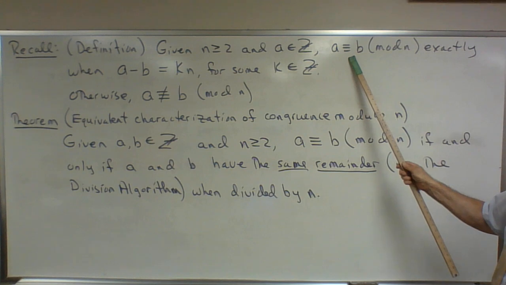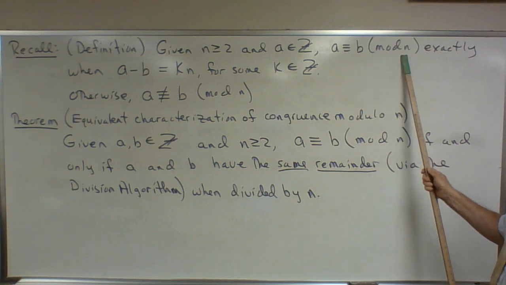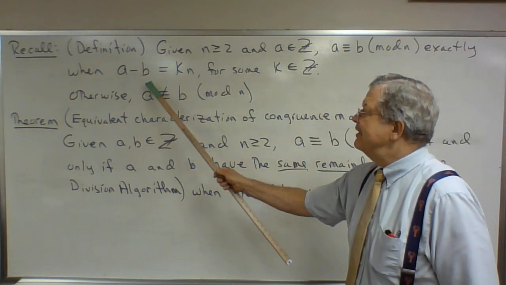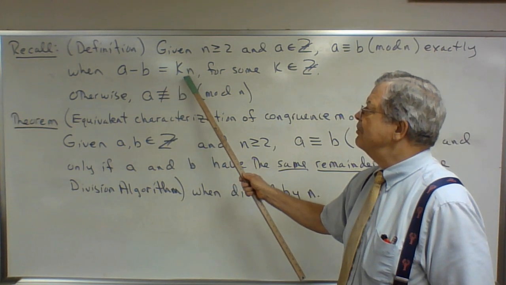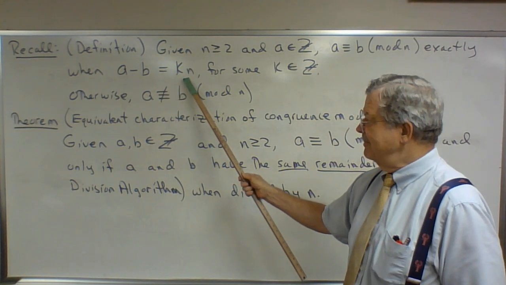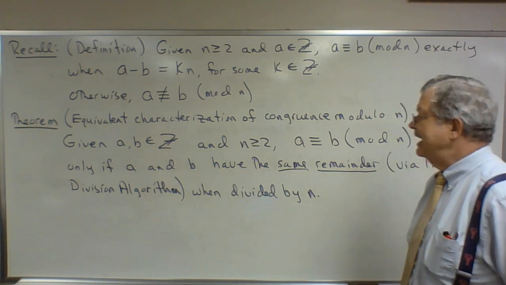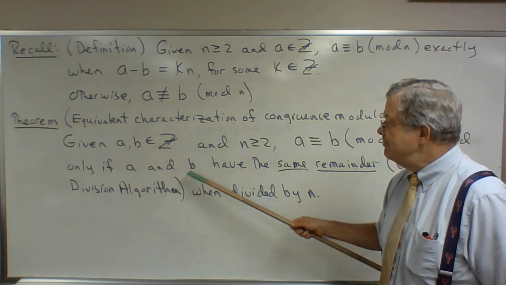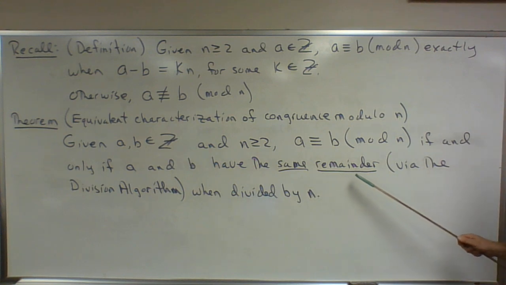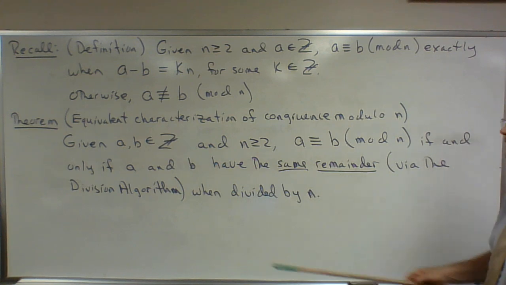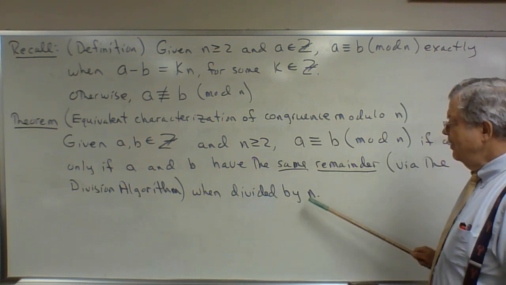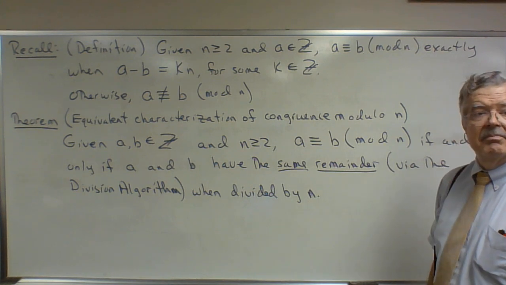The definition says that a and b are congruent modulo n if their difference is a whole number multiple of n. And that's exactly the same thing as saying that a and b are going to have the same remainder according to the division algorithm when divided by n.